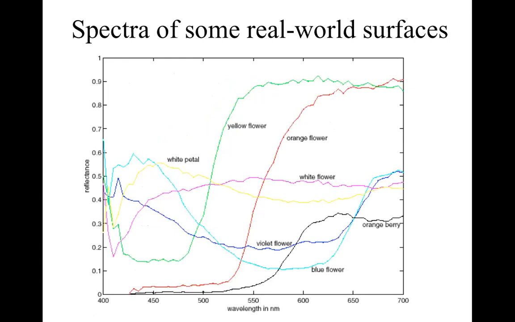If you employ the curves I was showing on the last slide, they will produce 3 numbers for each curve, and in particular for the white petal, the green curve here, and the magenta curve here, these 3 numbers will be the same, meaning you cannot distinguish the spectra of the white petal and the white flower.